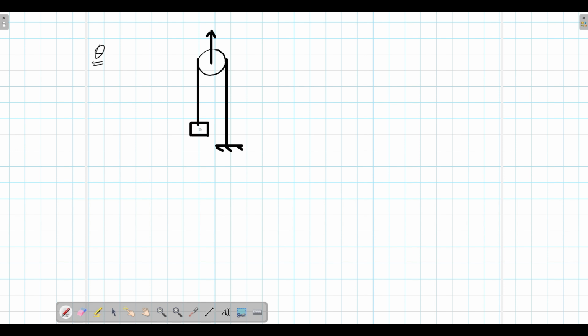This moves with 4 meter per second, find the velocity of A.